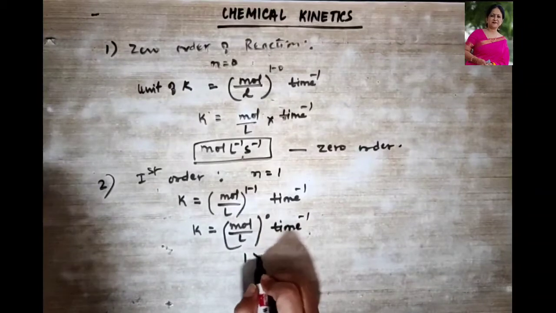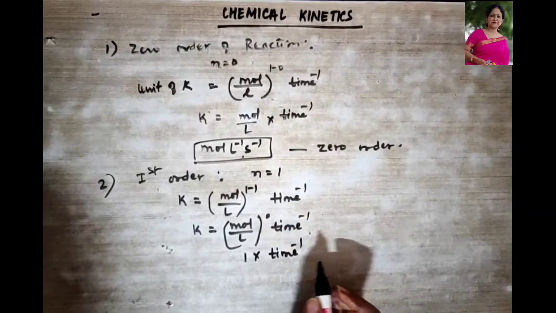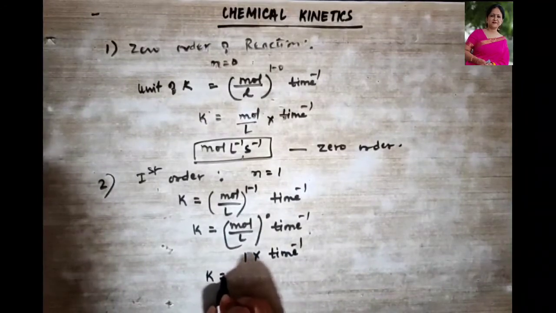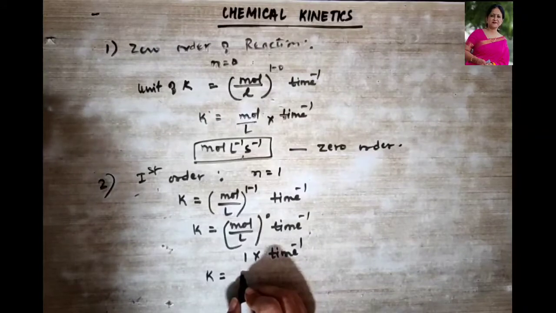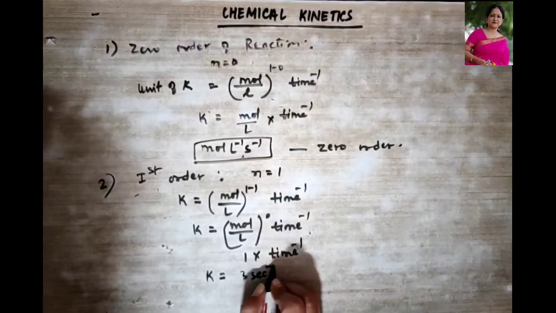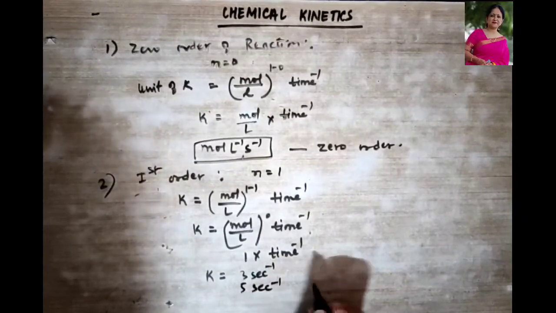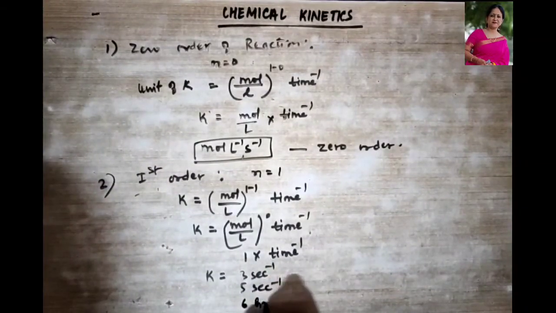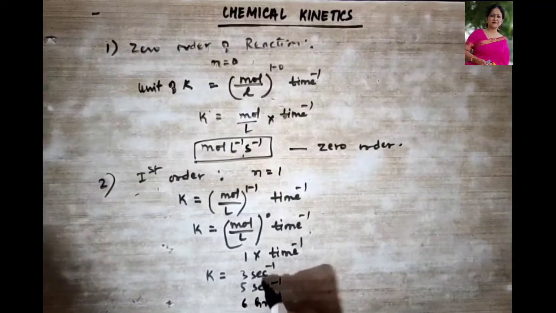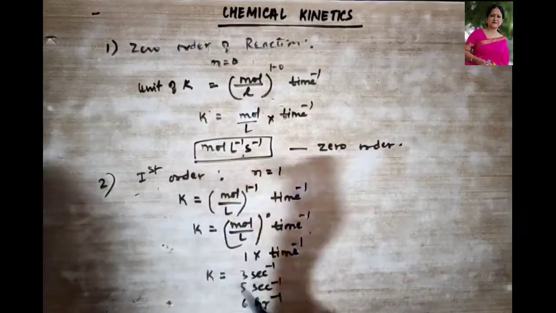Anything to the power of 0 is 1, into per second. So we can say the rate constant for the first order could be 3 per second, maybe 5 per second, and so on, right? Maybe 6 per hour. So when you get per time, then it is called first order.